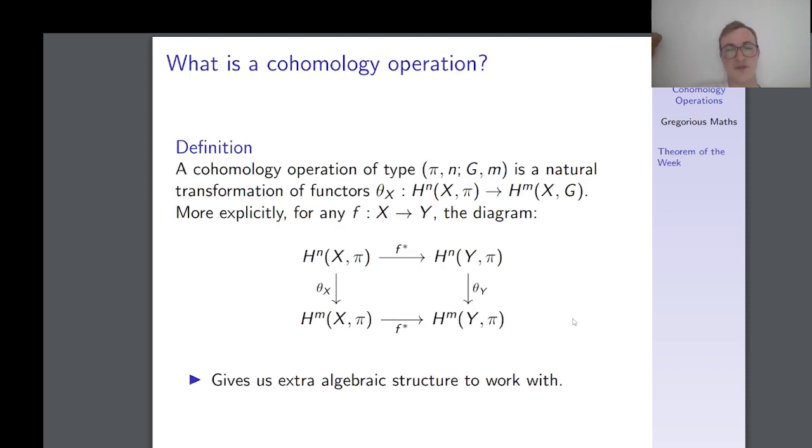So first, we should probably talk about what a cohomology operation is. Firstly, one should note that cohomology in general is a bit better than homology because cohomology comes with a ring structure as well, which is additional algebraic structure which we can use to figure out geometric problems.